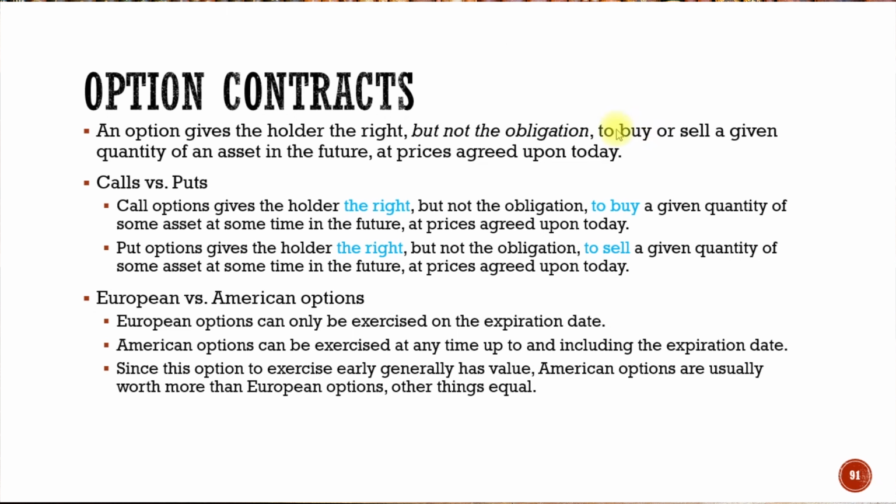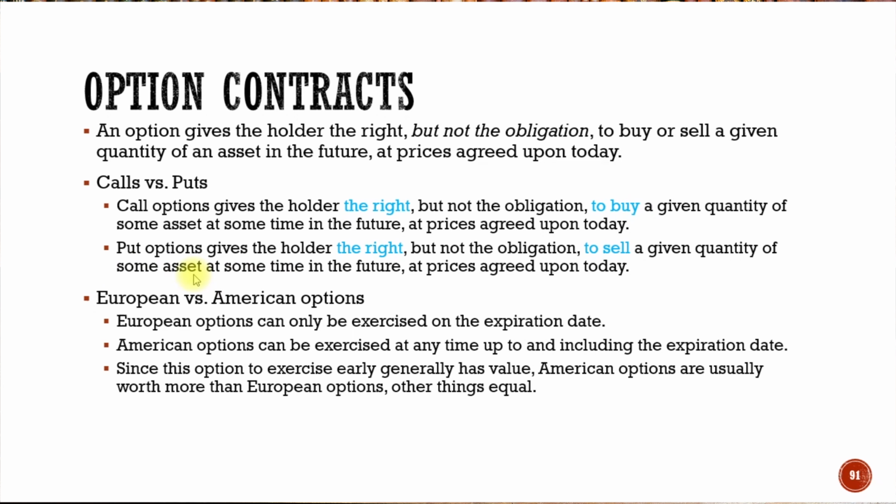Now you put it at a strike price of 105 for buying the call, and you set the strike price at 95 for the put, okay? And so for the call option, it gives the holder the right, but not the obligation to buy a given quantity of some assets at some time in the future at prices agreed upon today. But you can still exercise that option if you're making money on it, but not asking to have the stock delivered and paying full price for it.